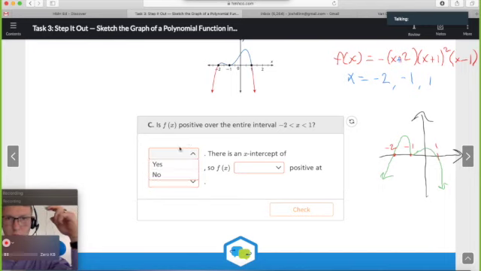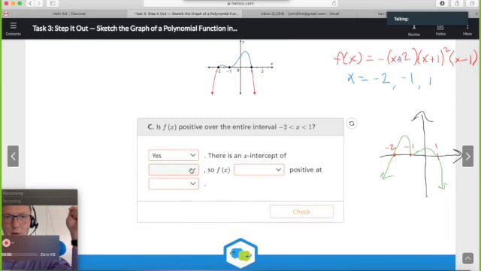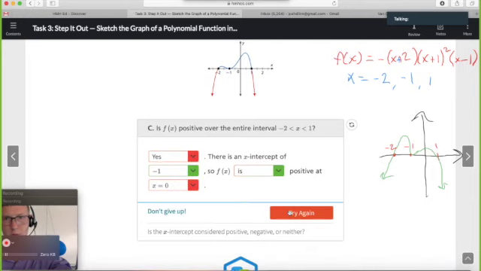So let's see what they're looking for. Yes, there is an x-intercept of -1. So f of x is positive at 0. Maybe?